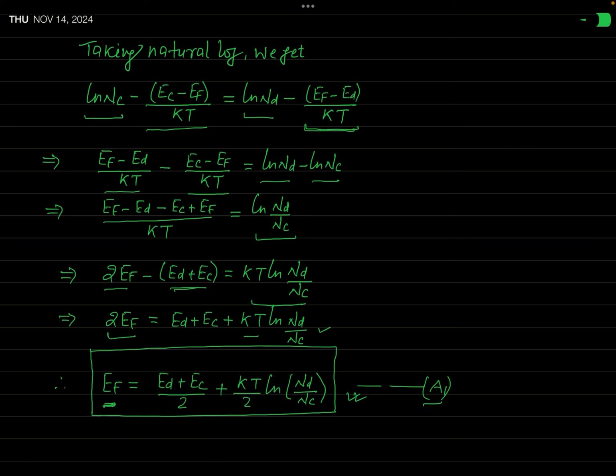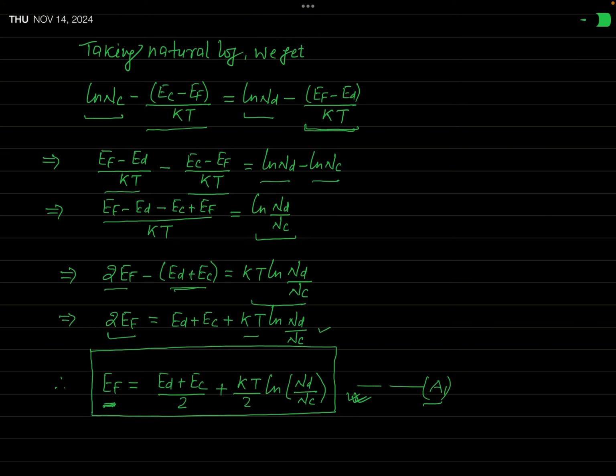It means you are talking about the moderate temperature. So actually this expression which we have obtained for the Fermi level or Fermi energy is valid only at moderate temperature. Why are we saying that it is valid only at moderate temperature?